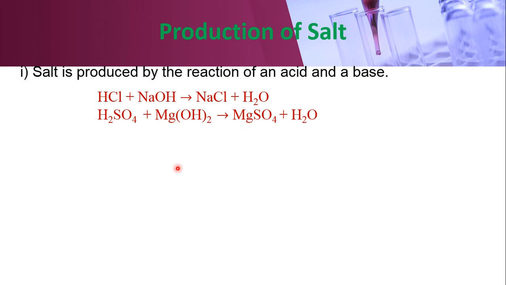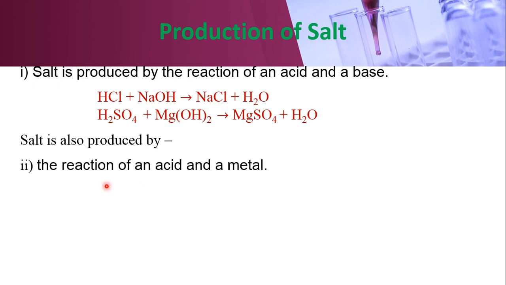There are also some other ways. Another way is the reaction of an acid and a metal. You learnt this when you learnt the properties of an acid: acid reacts with metal to produce salt and hydrogen. So this is one way to produce salt, by the reaction of acid and metal.